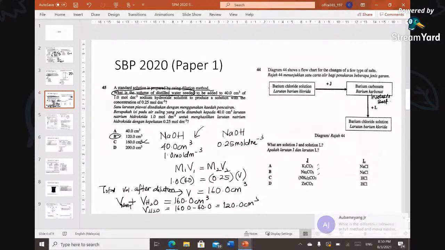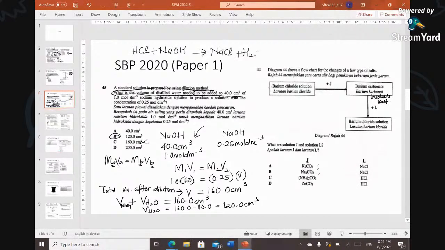Okay, so it could be the M1V1 method, same as MAVA equals MBVB also. Okay, it's just MAVA equals MBVB. This one you use for acid and base, when they have the same number of moles. So for example, if you see a reaction between HCl plus NaOH, you will get NaCl plus H2O.